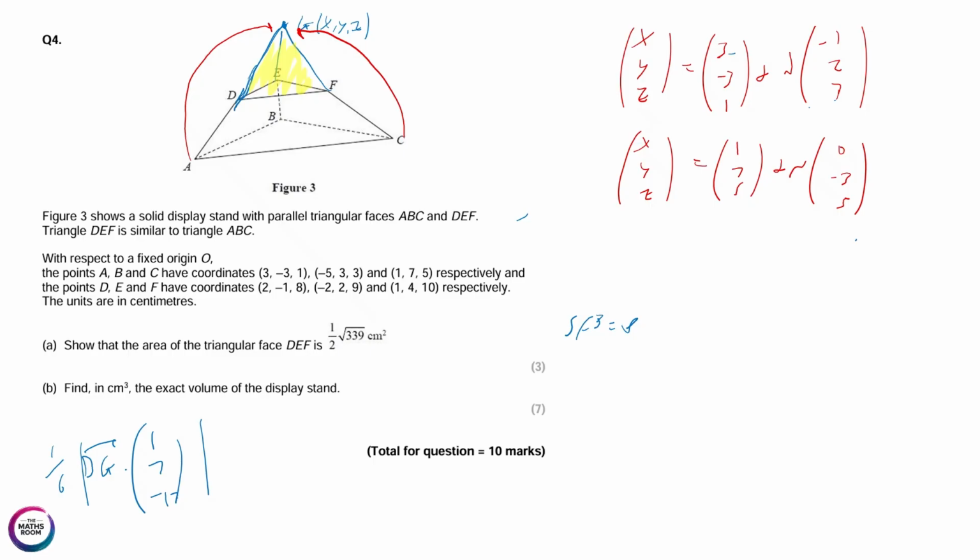Now this is good because, maybe I should write them as column vectors, it's easy to see. I've got 3 minus lambda. Straight away, the i-component's 1, because there's no mu, I know straight away that lambda must be 2, because 3 minus 2 is 1.